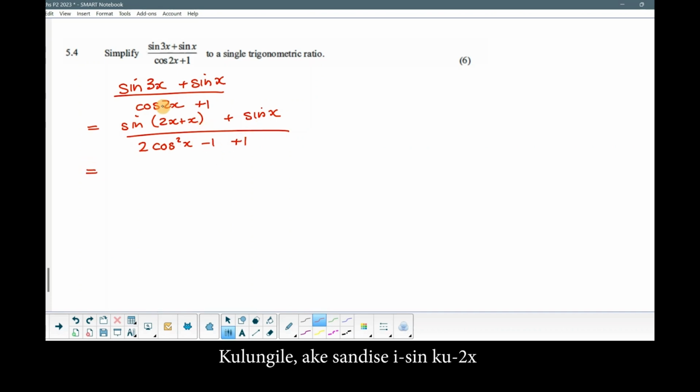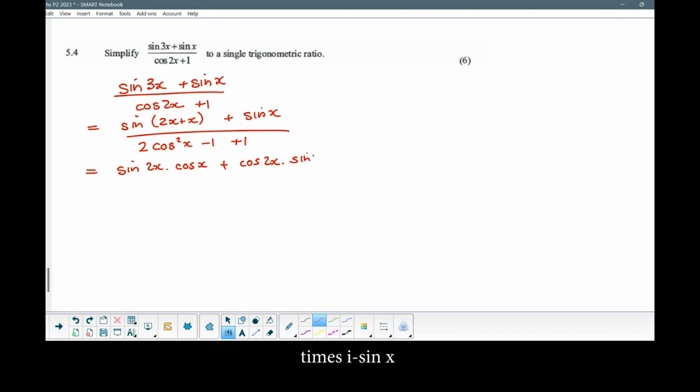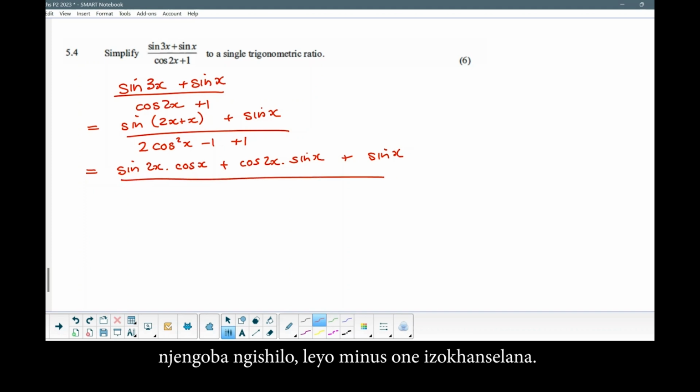Right, let's expand the sine of (2x plus x). So that becomes sine 2x times cos x plus cos 2x times sine x plus sine x. Right, in the denominator, like I said, those ones will cancel. So you have 2 cos squared x left behind.